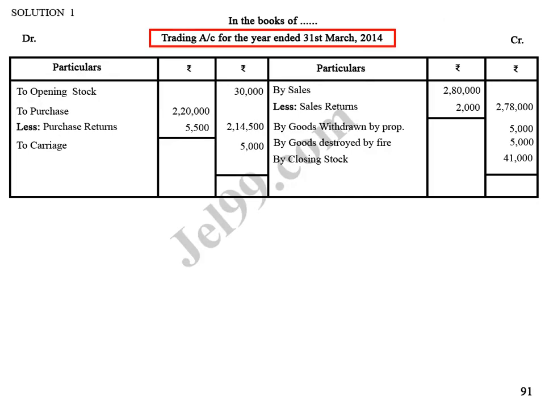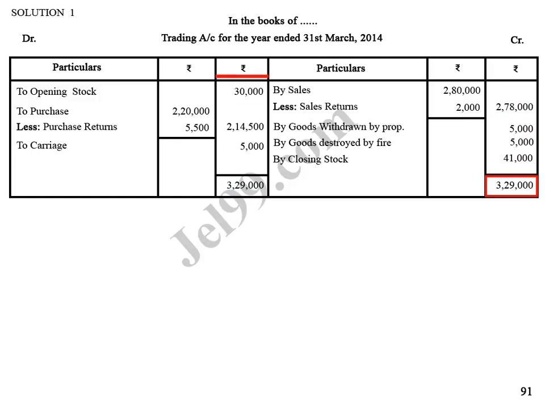First close the trading account. We will compare both sides of the trading account and find out either gross profit or gross loss. Total amount of credit side in the trading account is more than debit side, ₹3,29,000. Write down on both sides.